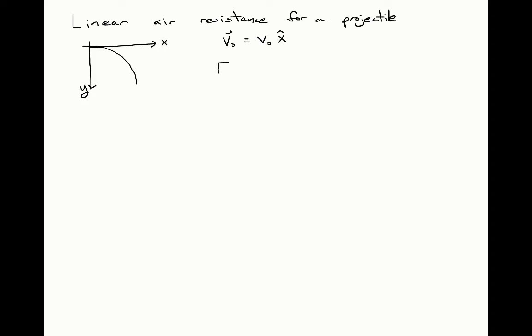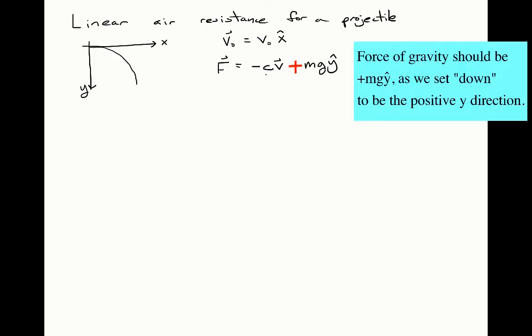Now our forces: we have a linear drag force, so that's minus cv, and we have gravity. This is what's tricky about doing drag in two dimensions: the drag force is in the opposite direction as the velocity, and the velocity is changing direction, so the direction of your drag force is changing.